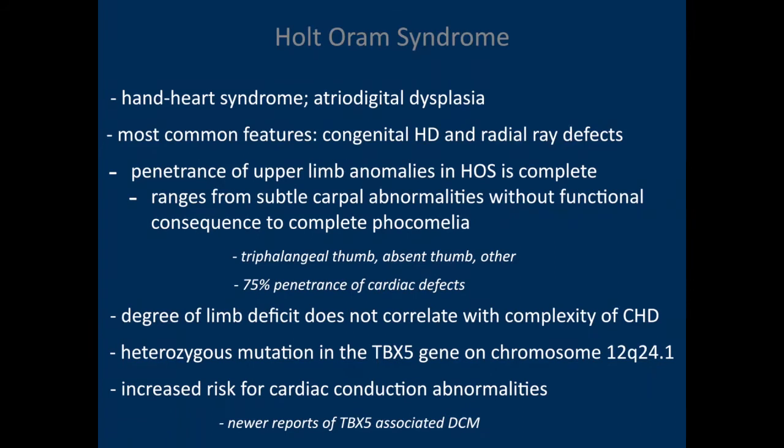And interestingly, the degree of limb deficit does not correlate with the complexity of the congenital heart disease. It's a heterozygous mutation in the TBX5 gene located on chromosome 12q, and it carries also a risk for cardiac conduction abnormalities as well. So here are some common features of Holt-Oram syndrome.